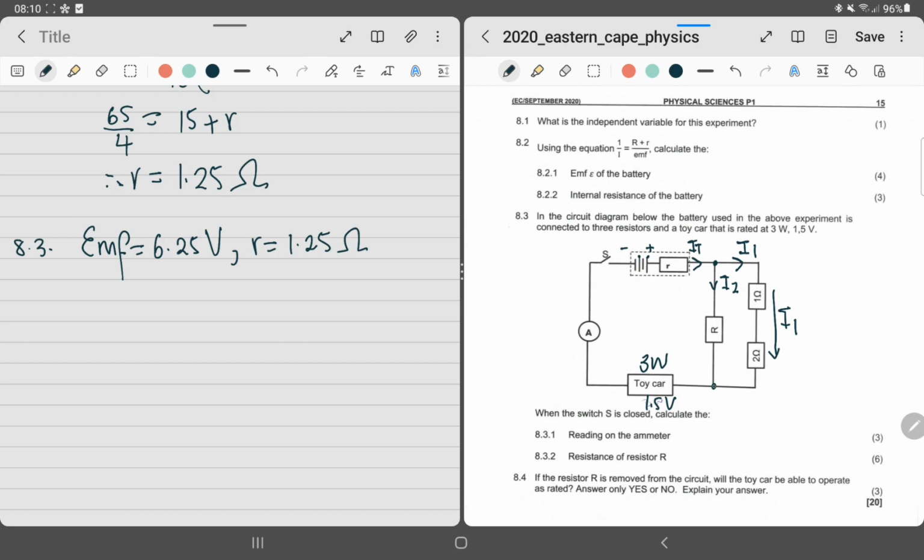On the other part of the junction, this will be the I total. So at this point right here, I1 and I2 will combine again to form I total. The current that will be passing through the ammeter will be the I total. And then the current will go back inside of the battery.